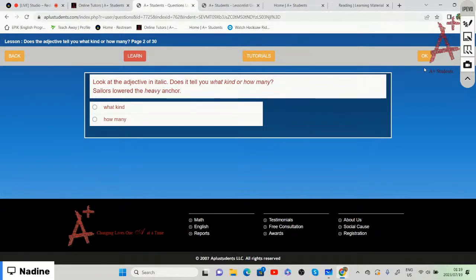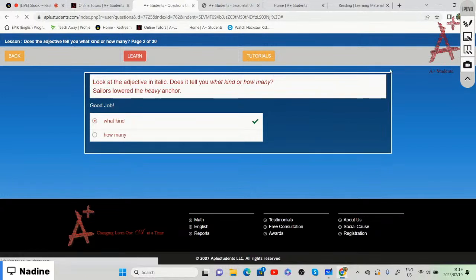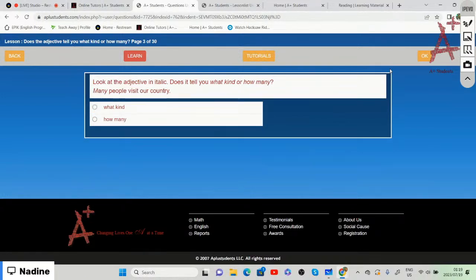Does it tell us what kind of anchors or how many anchors? All right, so if we describe the anchors as being heavy, then we can say it is what kind of anchor, because this is a heavy anchor.